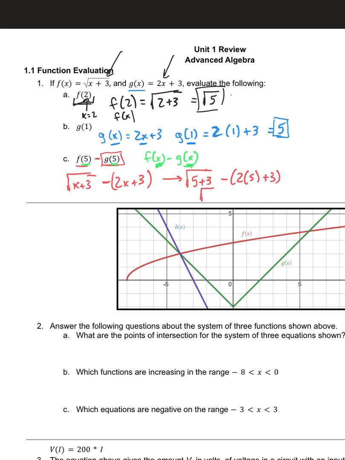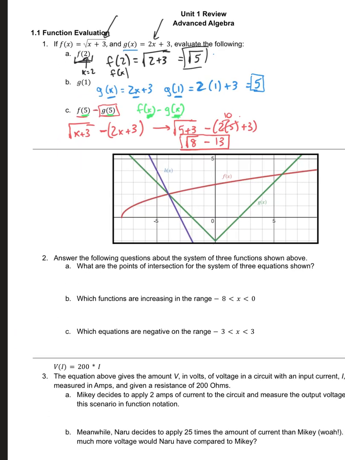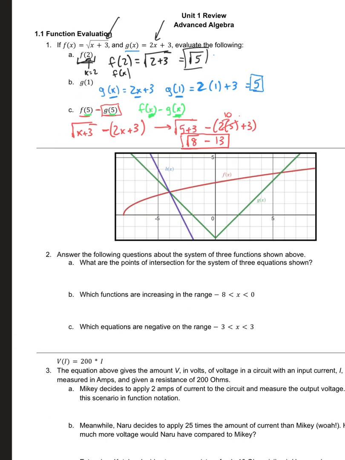Okay, so we get the square root of 8 minus 2 times 5 is 10 plus 3 is 13. Okay, and that's my answer for now. We'll keep it just simplified like that. Okay, there is problem number 1, function evaluation. All right, pause here and give it a try, guys.